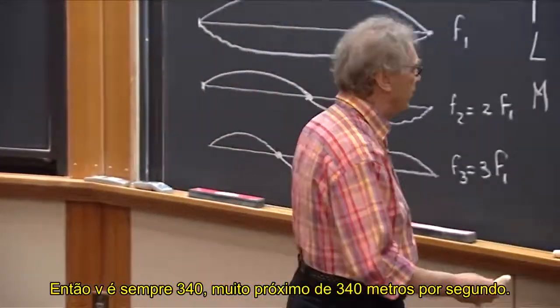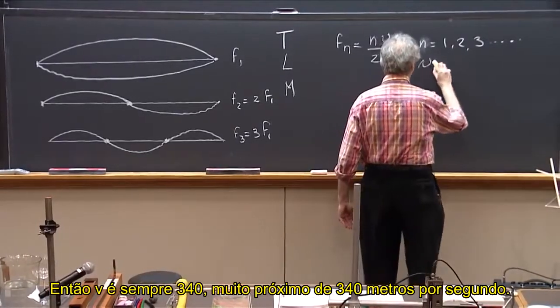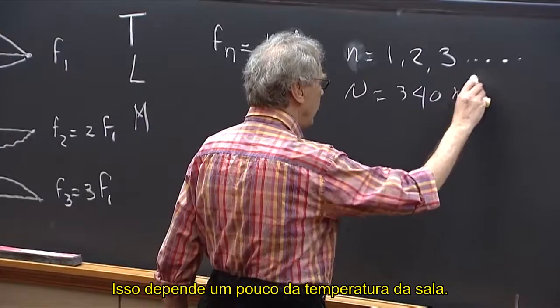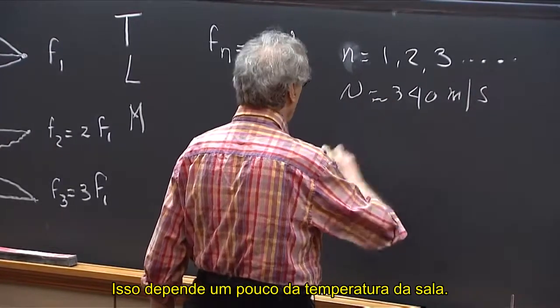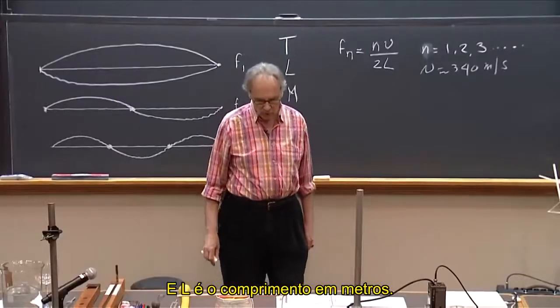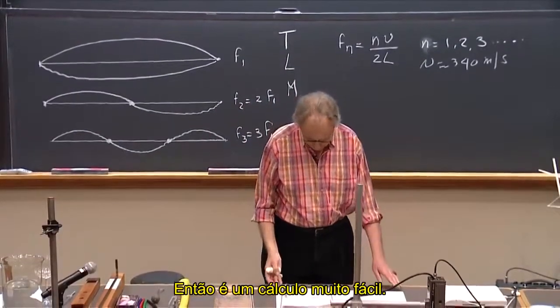So v is always very close to 340 meters per second. It depends a little bit on the temperature in the room. And L is the length in meters. So it's a very easy calculation.